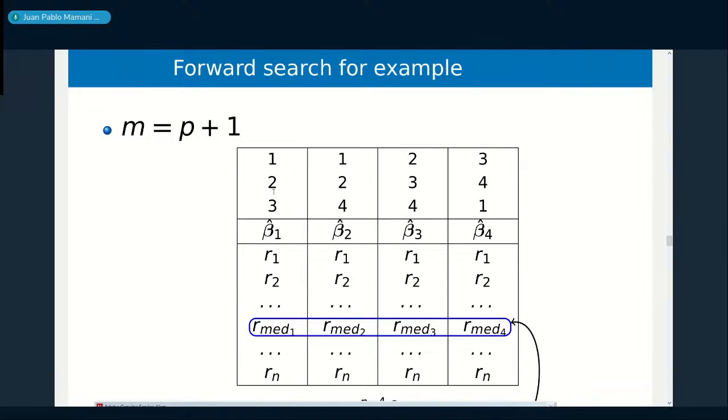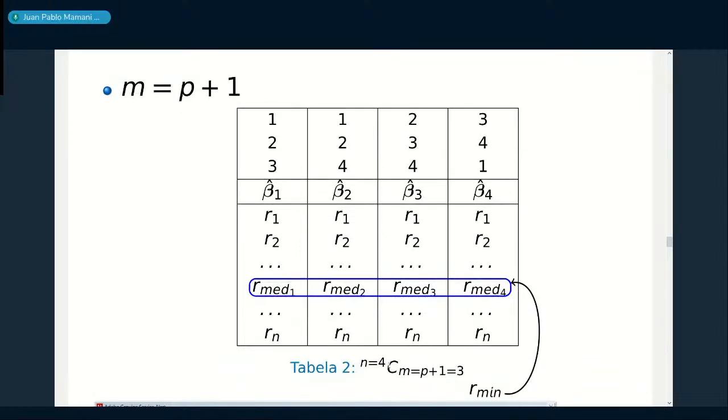We do four combinatory with 3, so we would have groups of 3, and a combinatory of 4 in 3 would be 4 groups.